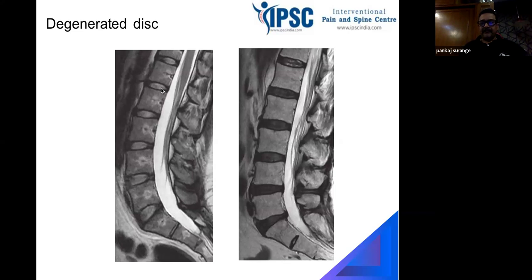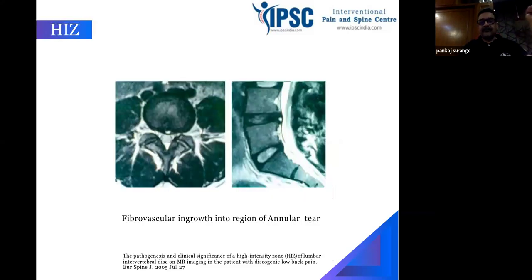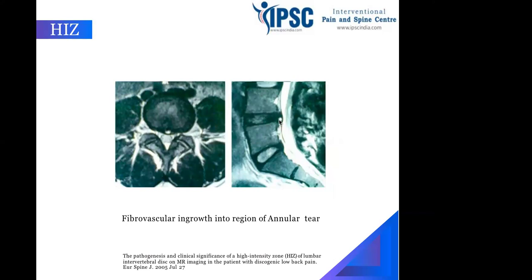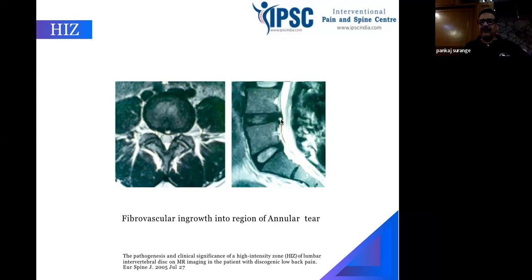Now look at this hydrated disc, preserved annulus, preserved end plates, hydration is less, there's a tear. This tear is leading to the high intensity zone, which is the accumulation of the exudate, which is a sign of inflammation.